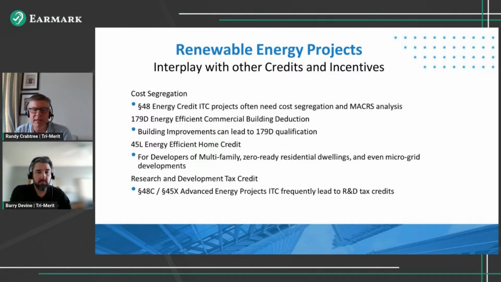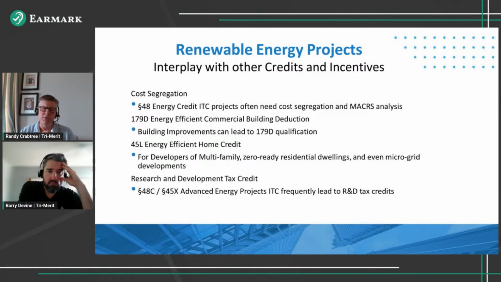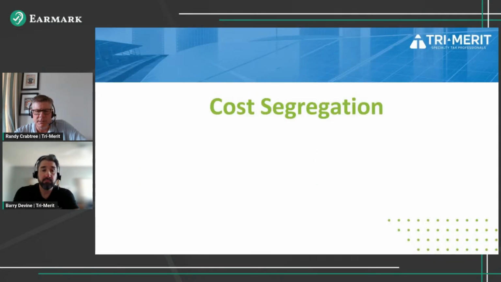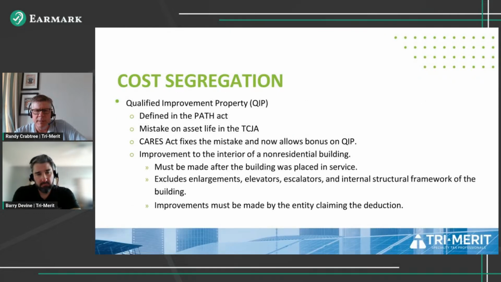So 45L, that credit available for developers, and then the R&D tax credit. A lot of this you saw already is tied in with manufacturers, the facilities, the manufacturing of the products. And so just be aware those are the four main ones that I see the interaction from, but there'll be others as well. And with that being said, I'm not going to go into the other slides, but let everybody know that they're there.